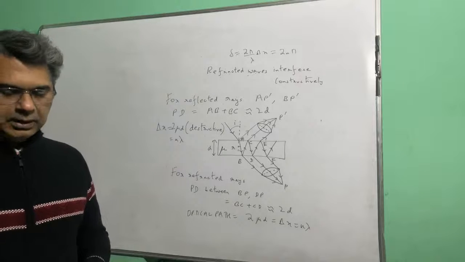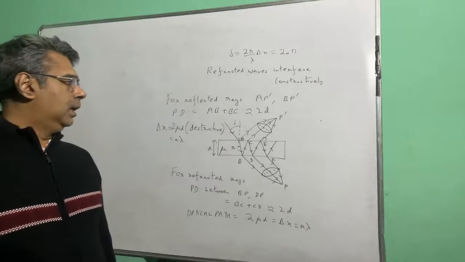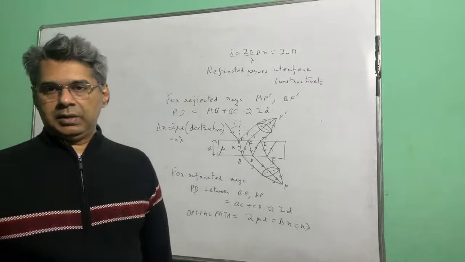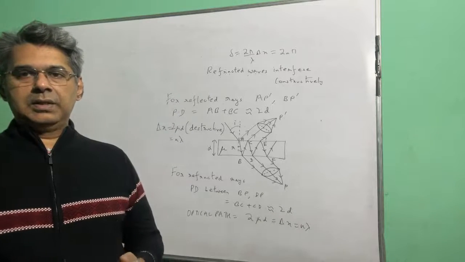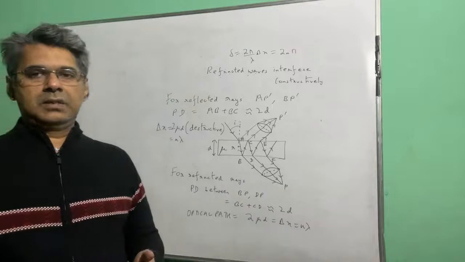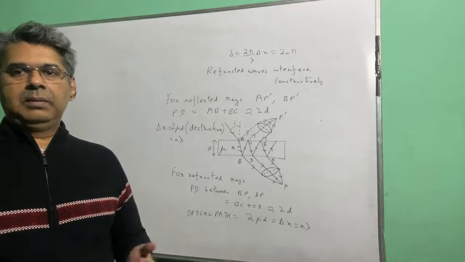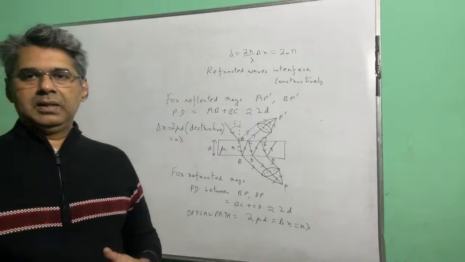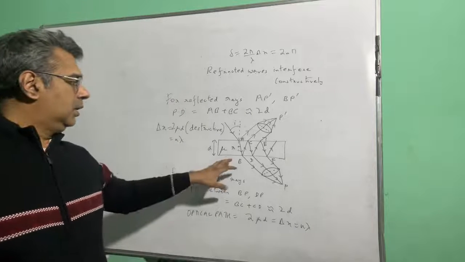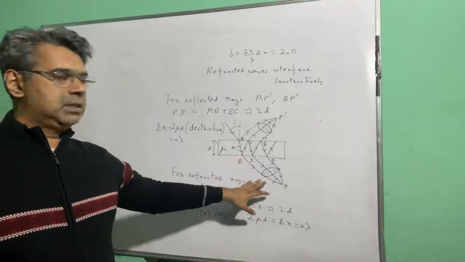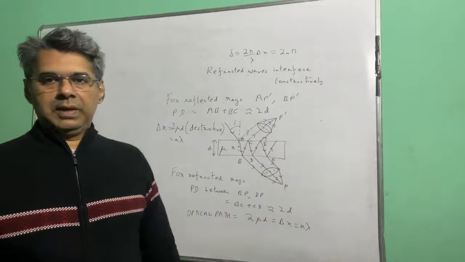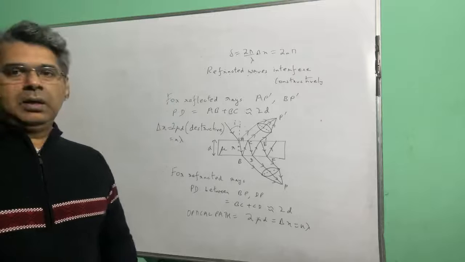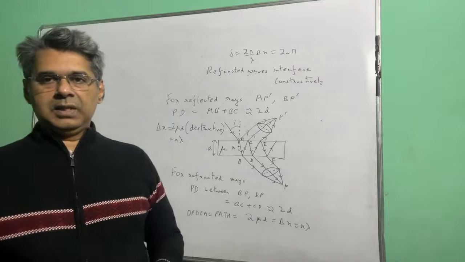Now, why is that the case? Why is it like that? It is simply because of conservation of energy. When something like in case of mechanical energy, when potential energy is maximum, kinetic energy is minimum, but the total mechanical energy is constant. So here part of the light energy is going for the transmitted wave, part of the light energy is going in the reflected wave, but the overall value has to be the same.